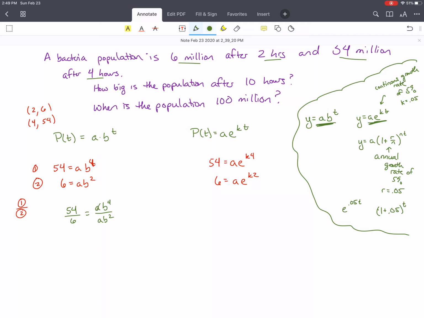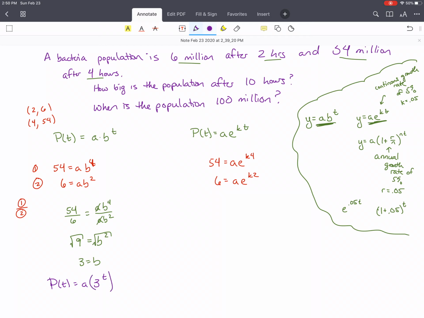And that will make my a's cancel. 54 divided by 6 is 9. I have b to the 4th over b squared, which is b squared. So it turns out, if I take the square root of both sides, b is 3. And so now I can at least say that p of t is a times 3 to the t.